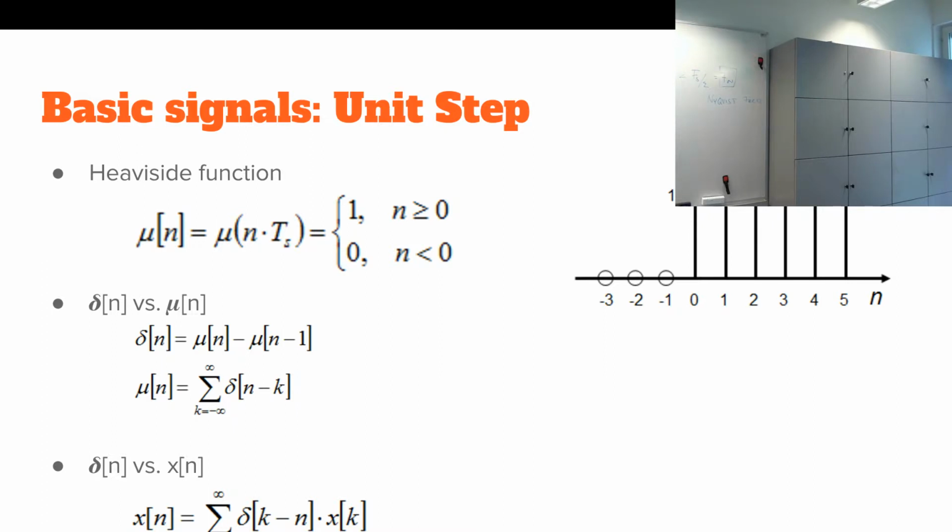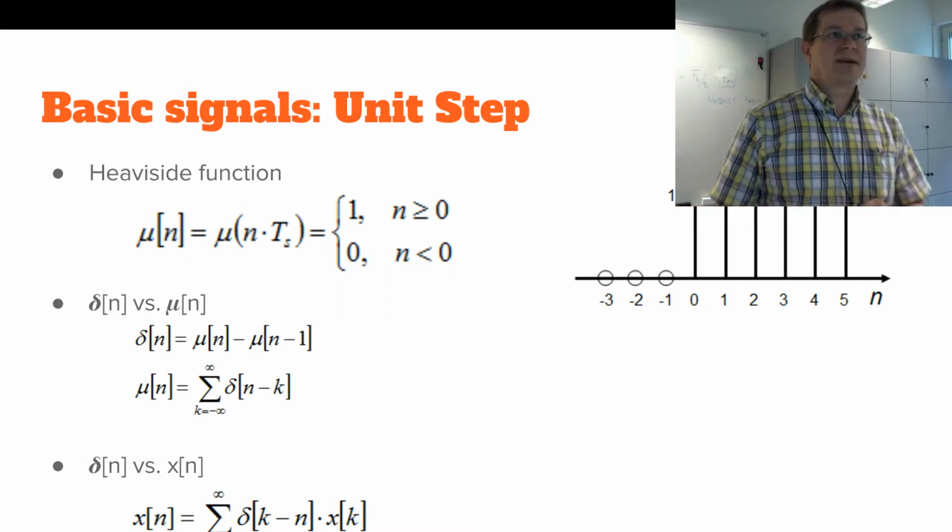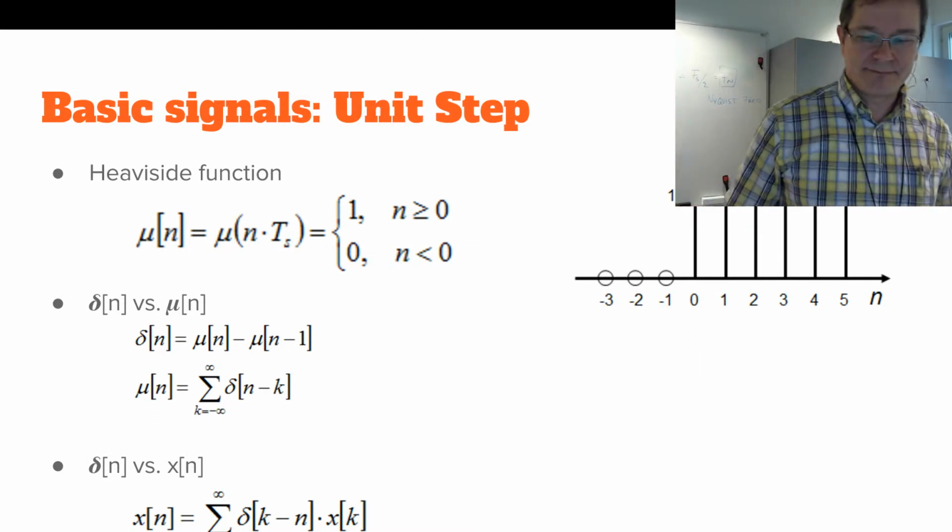You can start the signal here by multiplying with u[n], and you can also end your signal, for example here, by subtracting u[n minus some capital N]. So basically that's how you turn it off.